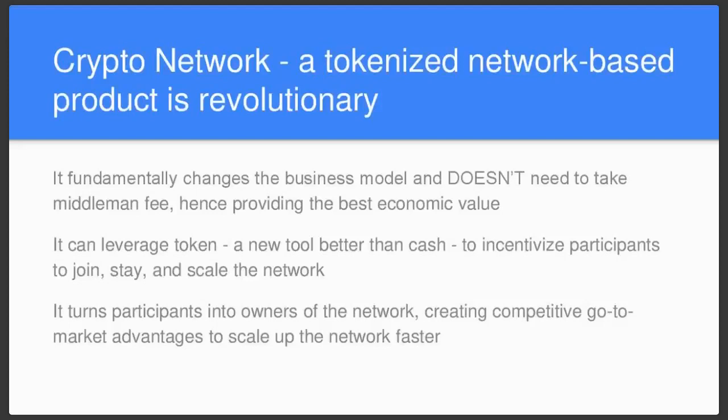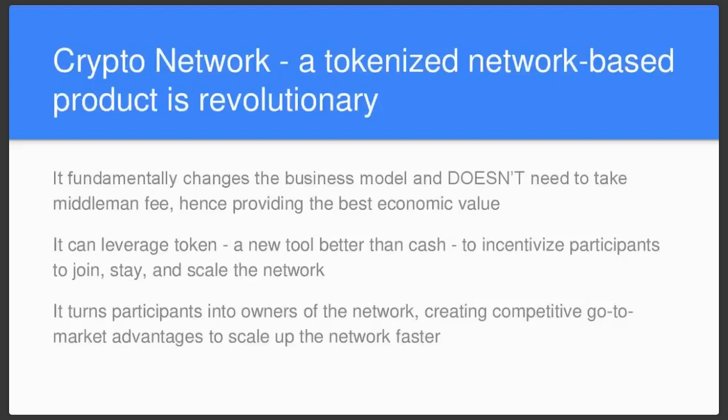The third point is that it turns the participants of the network into owners of the network by distributing tokens to them. Because of that, you change the game in the sense that everybody has their incentives aligned and wants to help grow and scale the network faster.